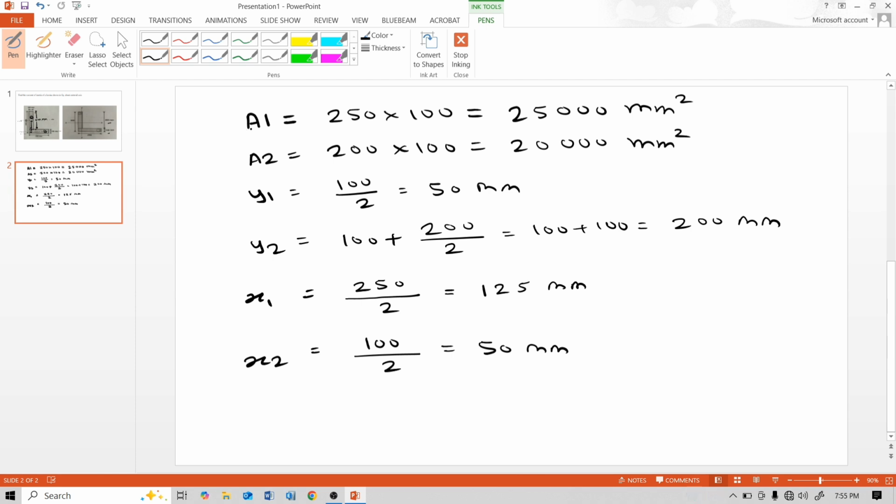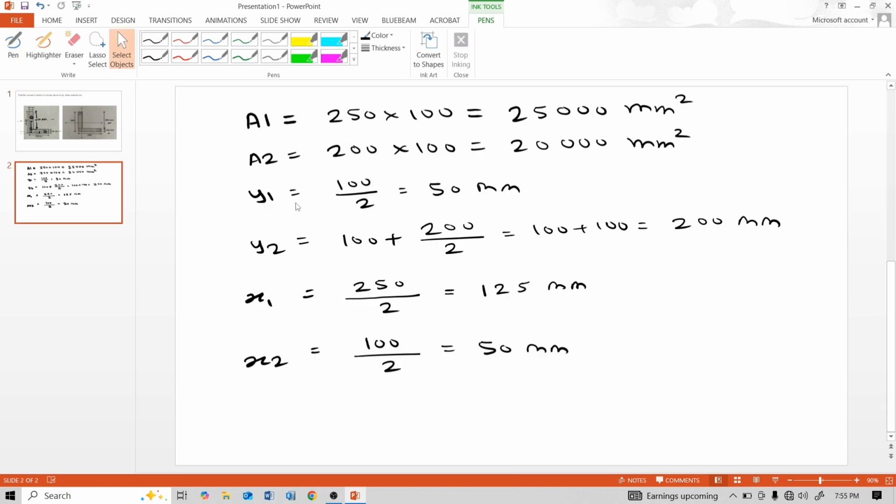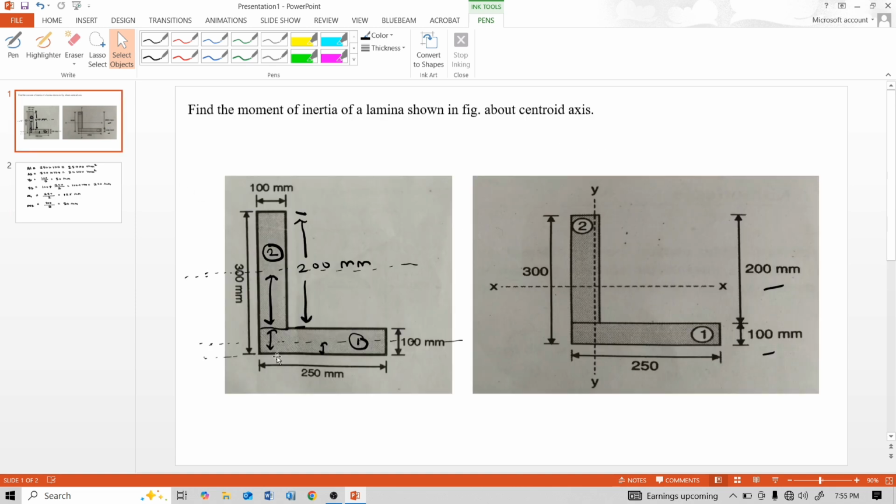So the area of the first rectangle is 25,000 mm square. The area of the second rectangle is 20,000 mm square. The Y1 distance of the first rectangle, that means the vertical distance, is 50 mm. The Y2 distance is 200 mm from the bottom side to this side.